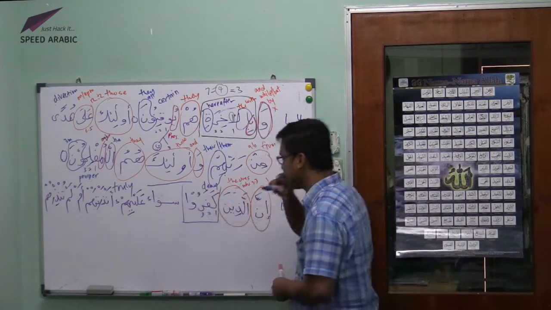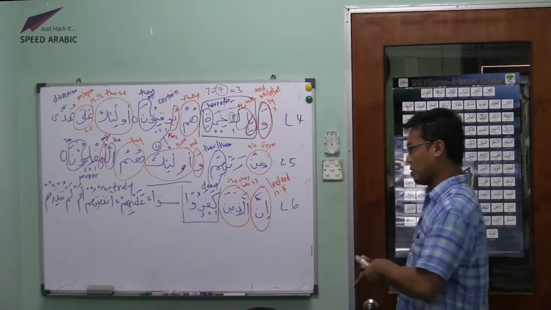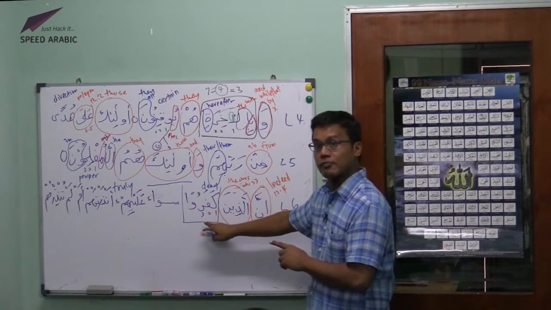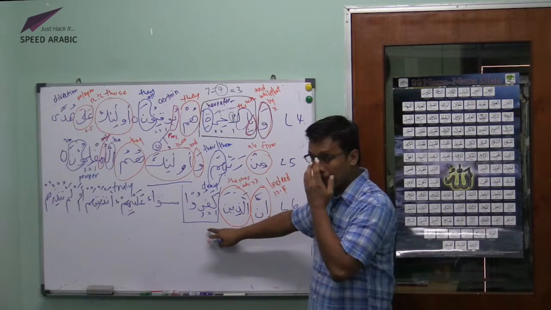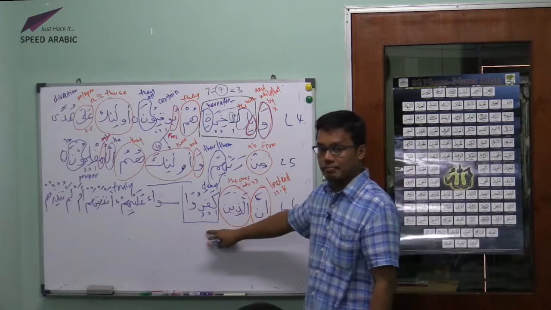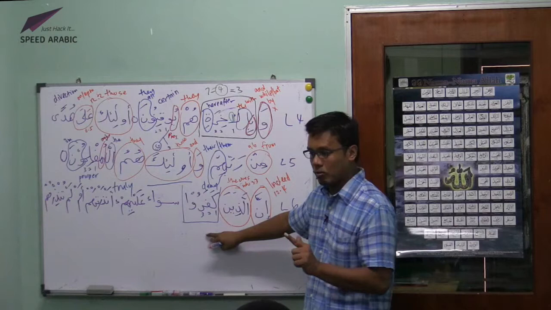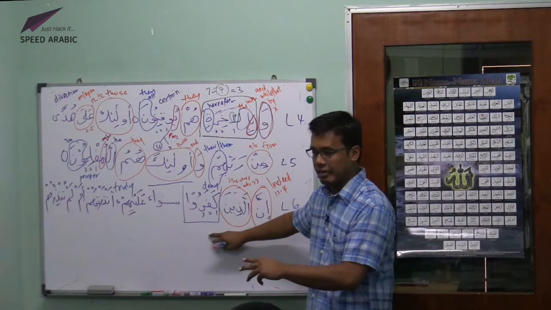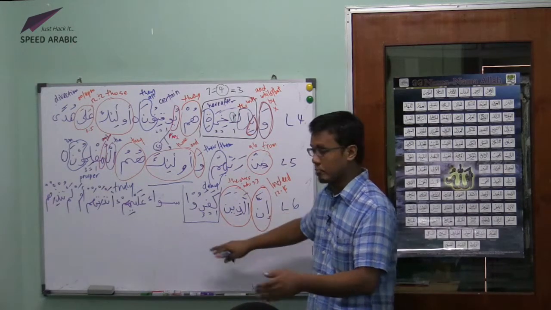you will have to identify, is this a noun or a verb? Kafaru. Any indications it is a noun? Is there kasra, damma, al, tanwin? Not there. Most likely it is a verb.